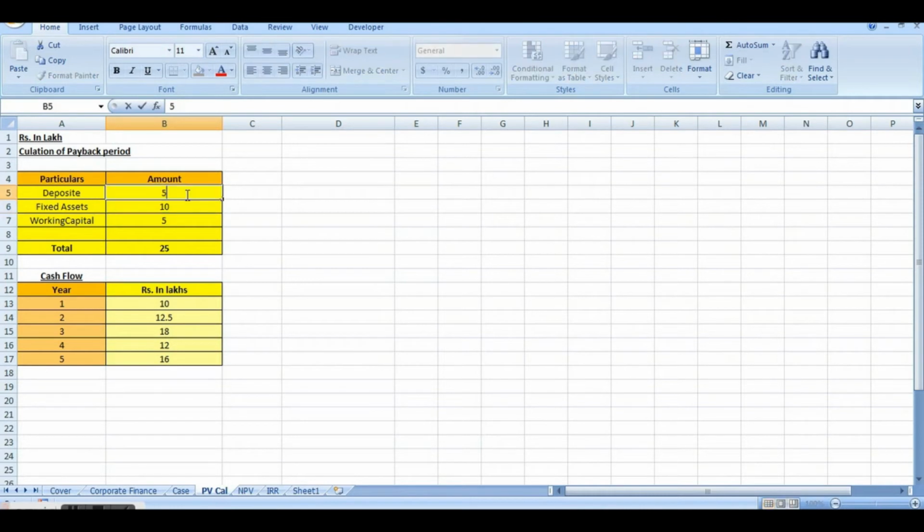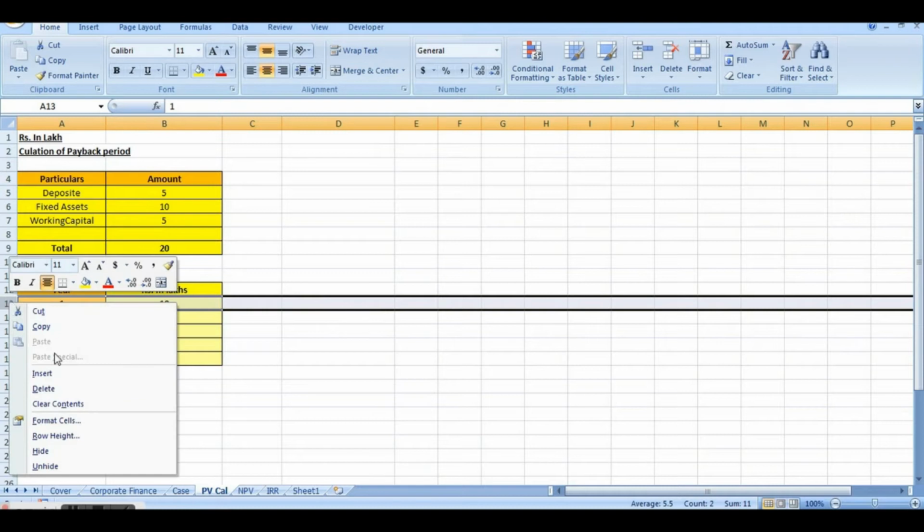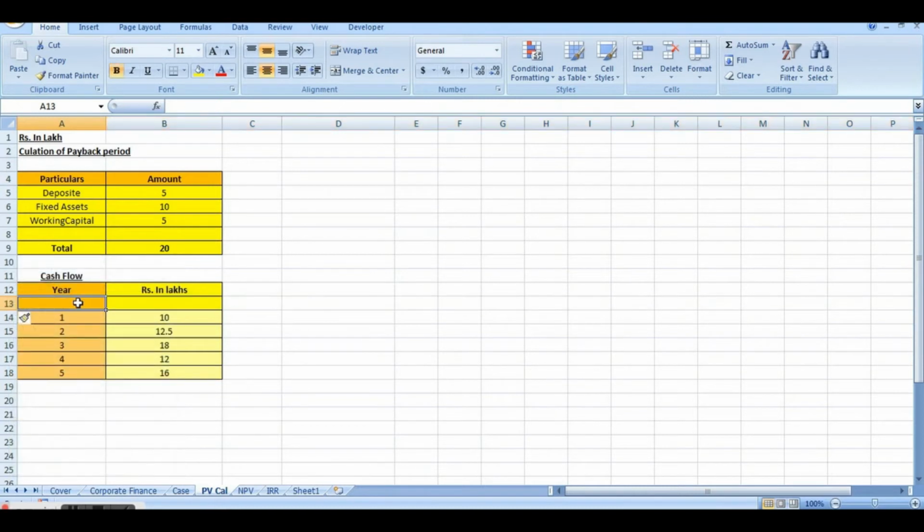It will go back to the original figure 20. And this now you can add to this cash flow schedule as year 0, because outflows are done at the start of the project or initial project period.